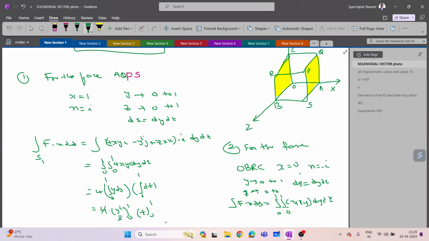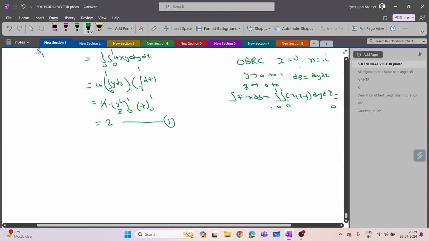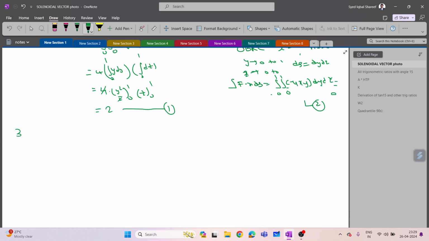And what is that? x equal to 0. If you put x equal to 0, this value becomes 0. Okay, next. So name it number 2.